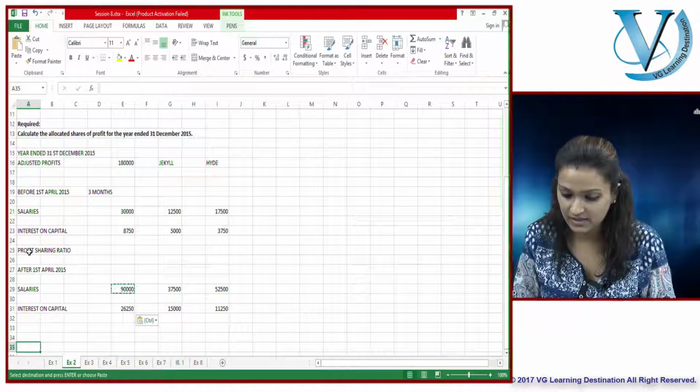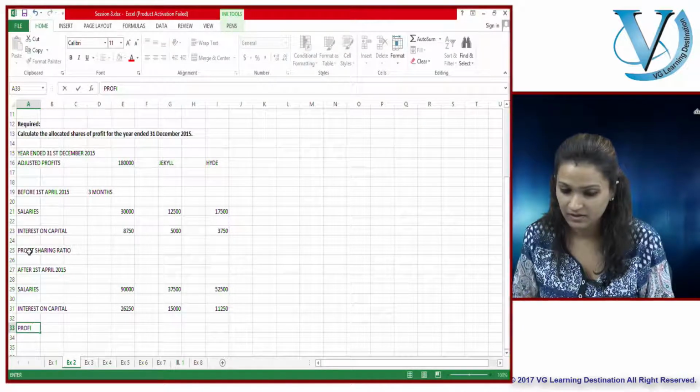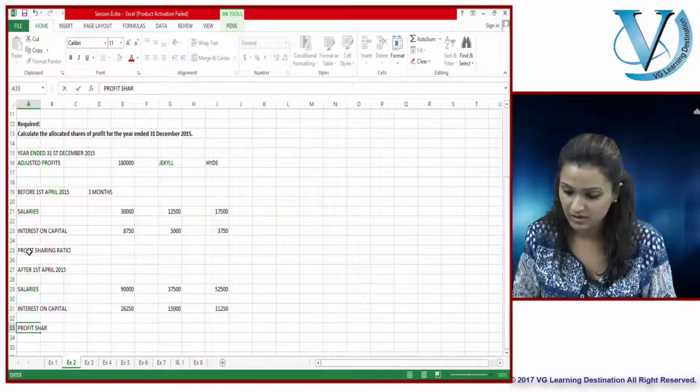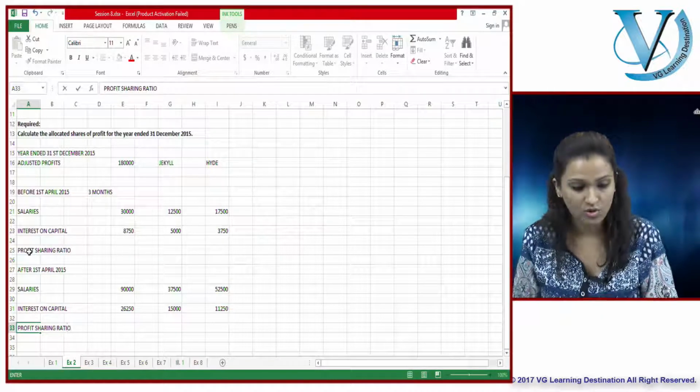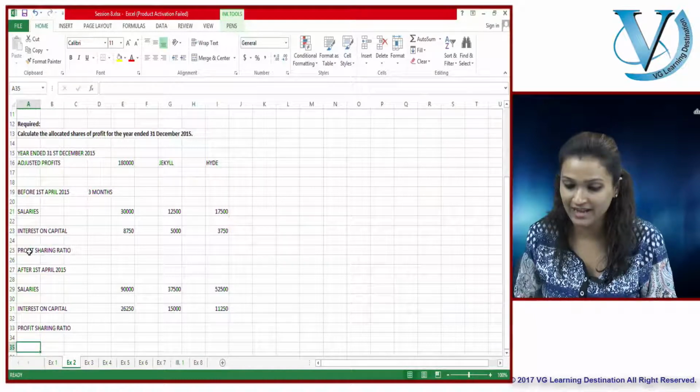total profits? Now we need to divide profit sharing ratio, which gets divided by what? How much is balance profit left? Let's have a look.